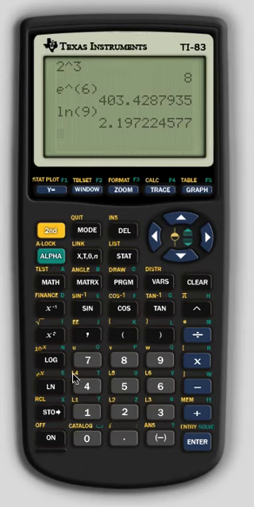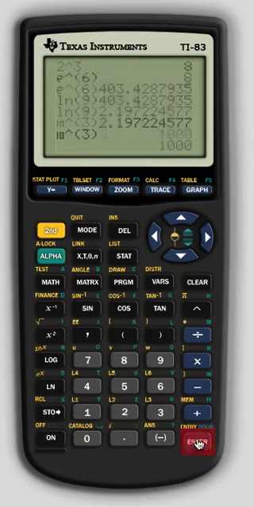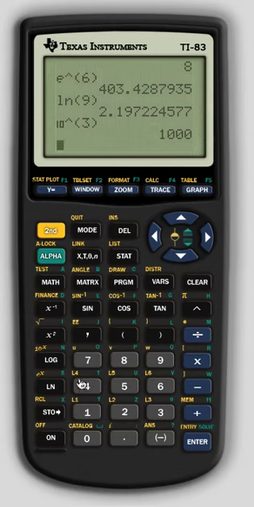You'll also see over here you've got something else, LOG, and you've also got a yellow button there, 10 to the x. LOG is logarithm base 10. So if I went second and then hit this button, it's going to go 10 to whatever power I'm talking about. 10 to the third would be 1,000. But if I go LOG, that's going to be logarithm base 10, just plain LOG.